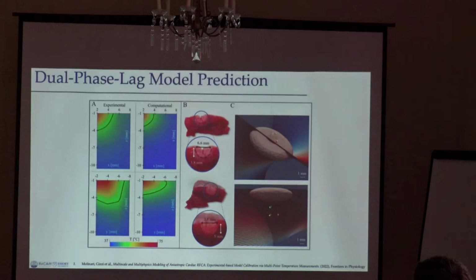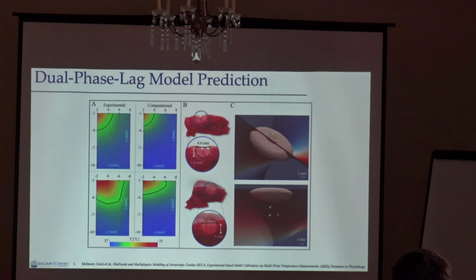Once you have a tuned model, you can make some predictions, and these are the experimental space-time maps that we can measure, and this is what the model is able to reproduce. Of course, the model is always smoother, but the key point is that in the medical literature, they say the isothermal contour of 50 degrees is like a sphere. It is not.